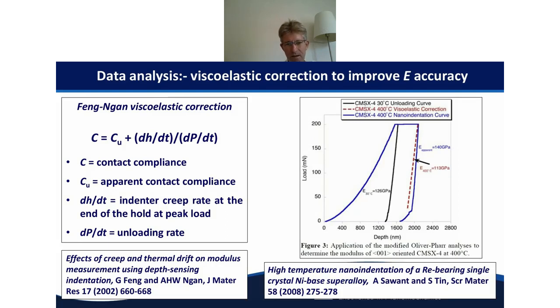And this was first done at high temperature by Sammy Tin and co-workers, and this is an example here on CMX4, which is a nickel-based superalloy. You can actually see 2 different indentation curves: one at 30 degrees, which I guess was their room temperature, and one at 400 degrees.